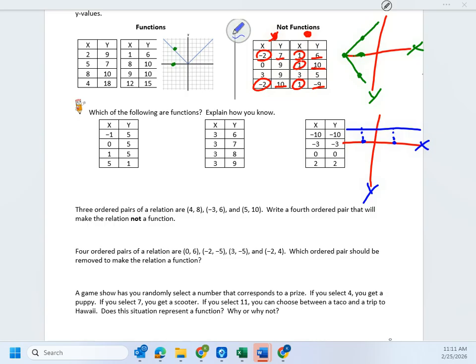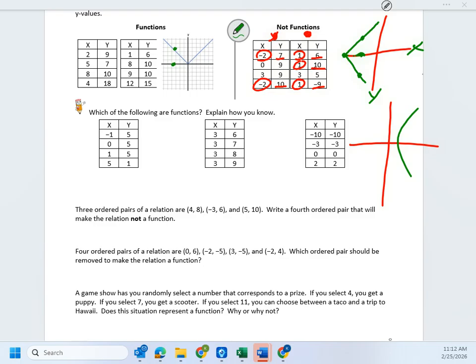Let's do another one. Function or not a function? Function up, not a function down. Oh, no looking around to see what other people's thumbs are.